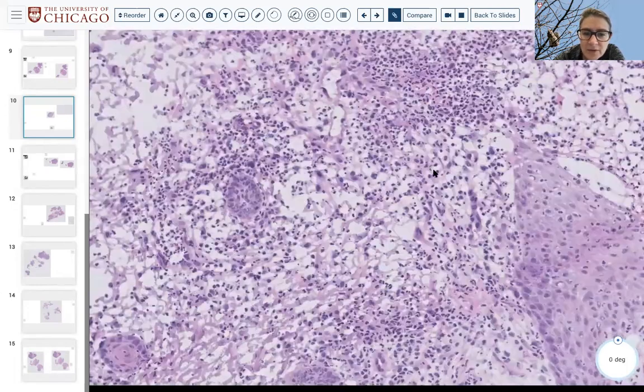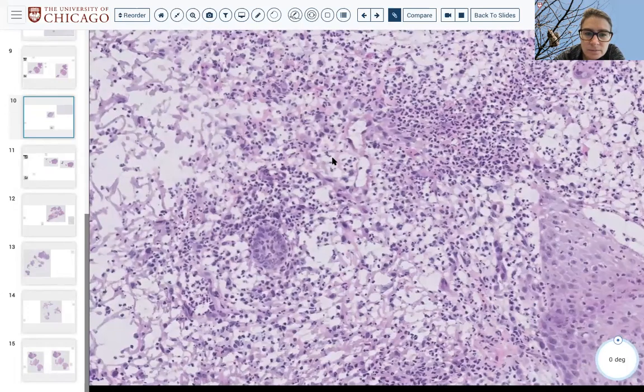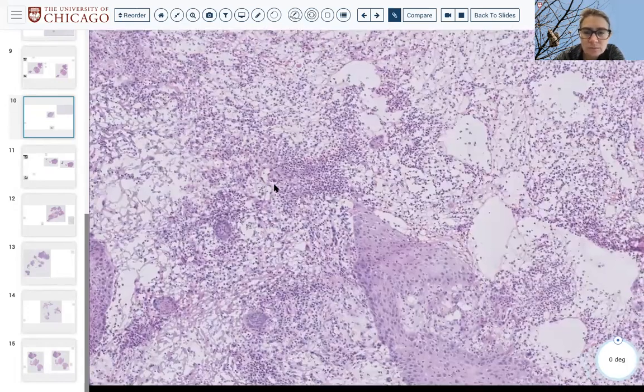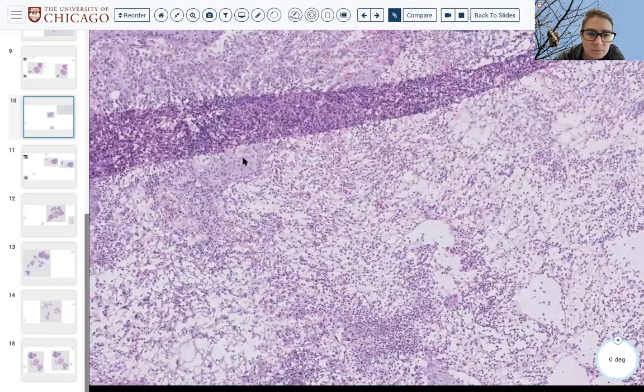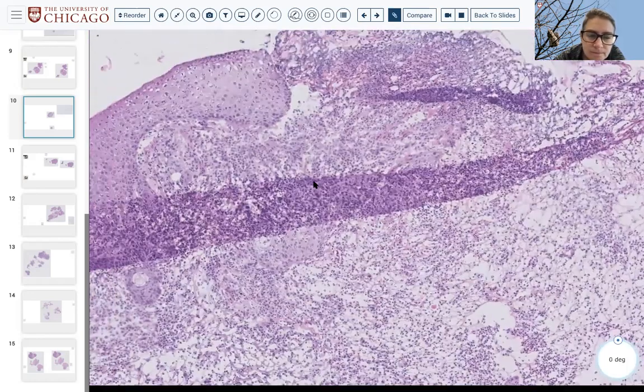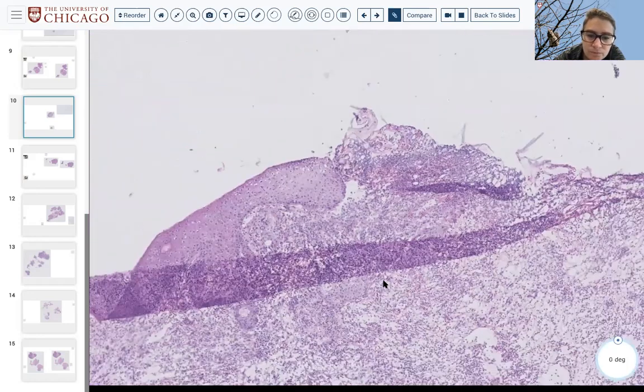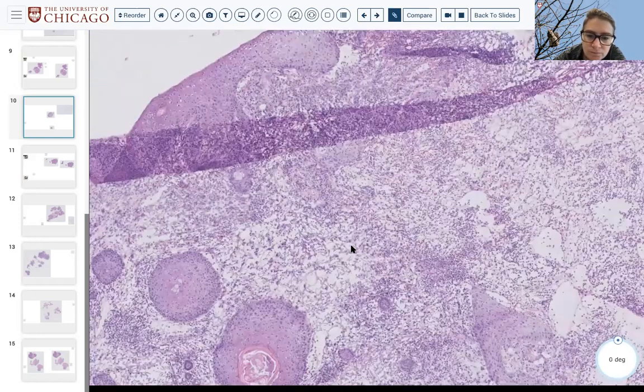There's a background of what looks like inflammation. Similar to two cases before, there are multiple foci of carcinoma within the skin.